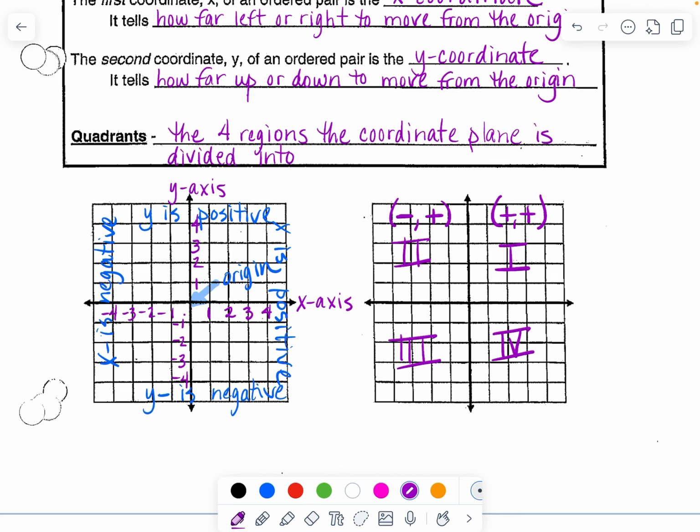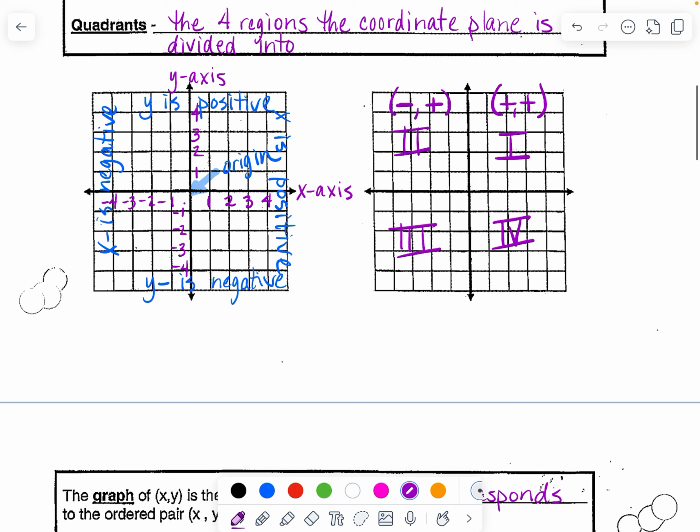So in quadrant 2, your x values are always negative and your y values are always positive. In quadrant 3, you would be left of the origin and you would be below the origin. So you would have both negative x values and negative y values. And in quadrant 4, you'd be to the right of the origin, but below the origin. So your x values would be positive and your y values would be negative.